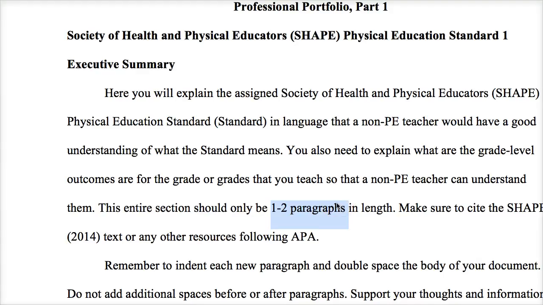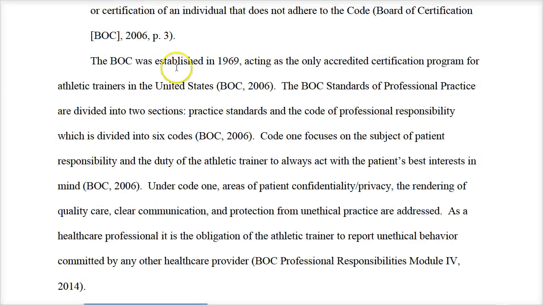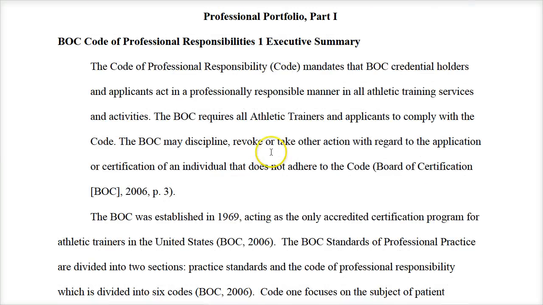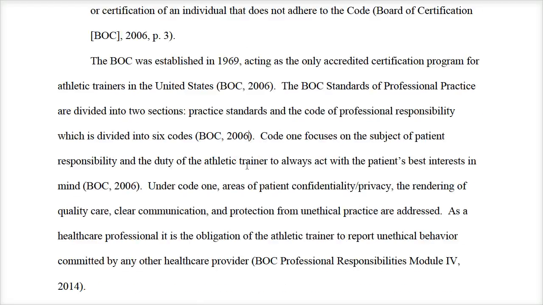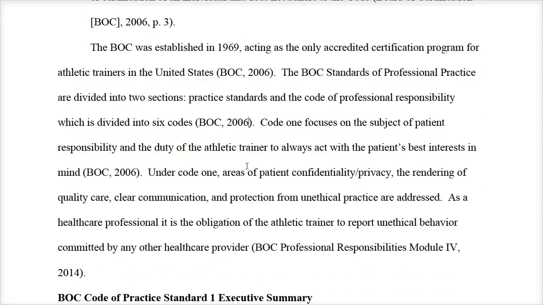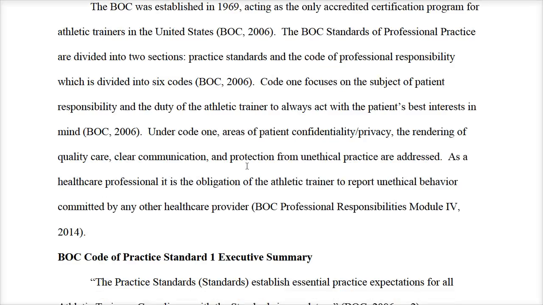Again, use the example that I provided you to see how a person who's an athletic trainer explains this so a non-athletic trainer can understand it. The other thing I want to point out is notice that this student is citing the sources and is supporting what he or she wrote in the summary section with references.